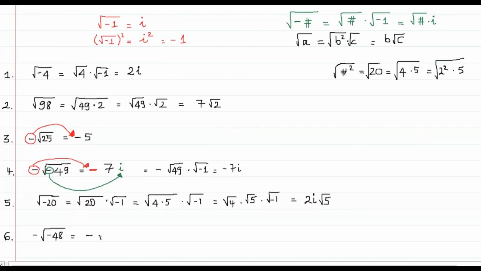Inside, we have the square root of 48, which is 16, which is 4 squared, multiplied by 3. And then multiply by the -1 because we have the negative under the square root. So that will be -4 square root of 3, but don't forget the i.